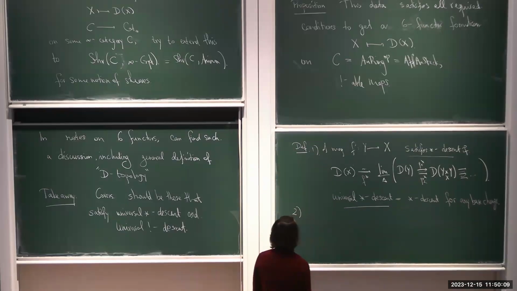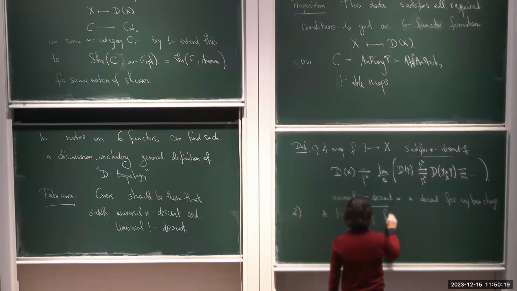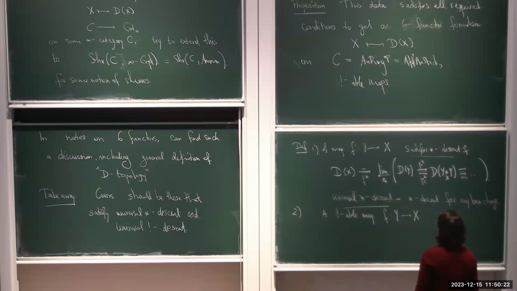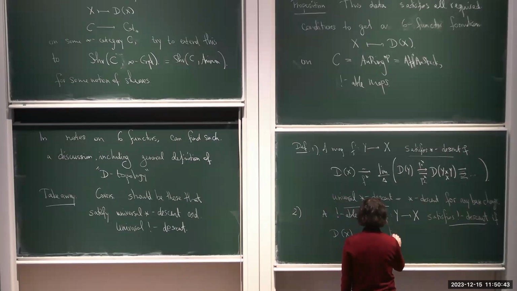And then there is a similar thing where you replace the upper star by the upper shriek. Of course you then need to ask that the map admits such shriek functors, so a shriekable map. So shriek descent: the same thing holds, but with the upper shriek.